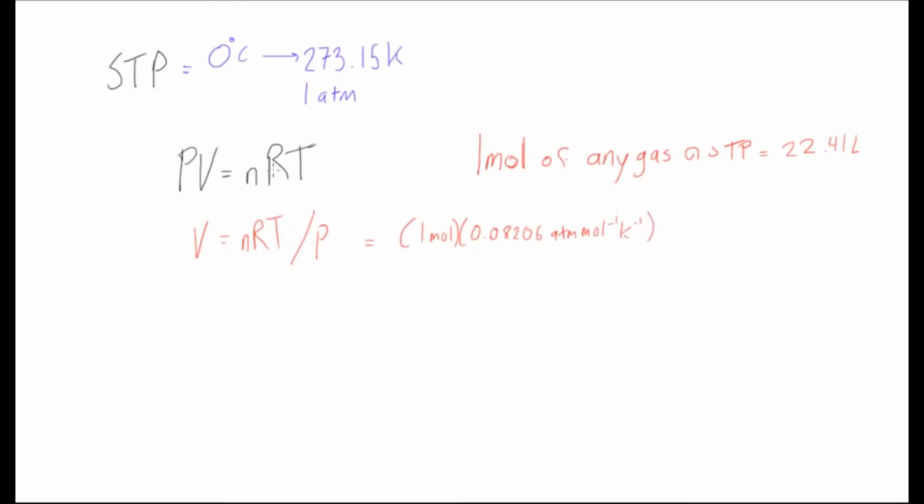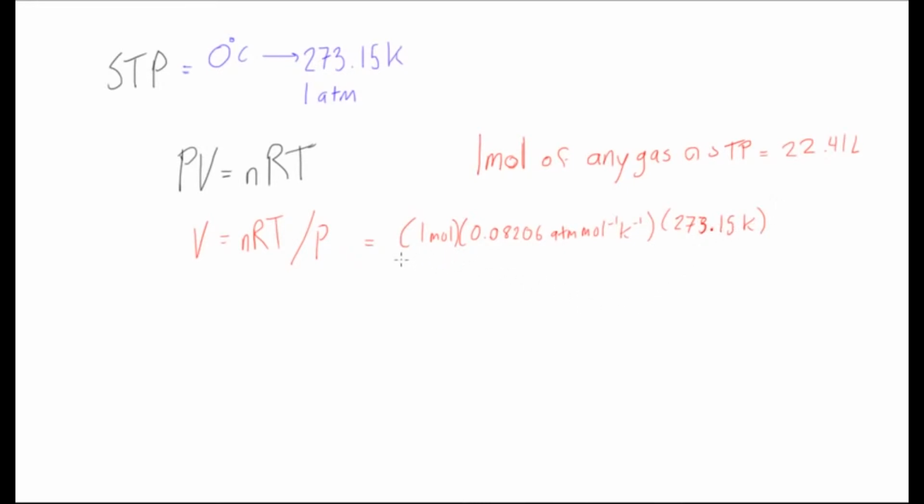Now our standard temperature is 273.15 Kelvin. Usually with the problems we've been just rounding off to 273, but in this case let's actually include the 0.15, and this is important.